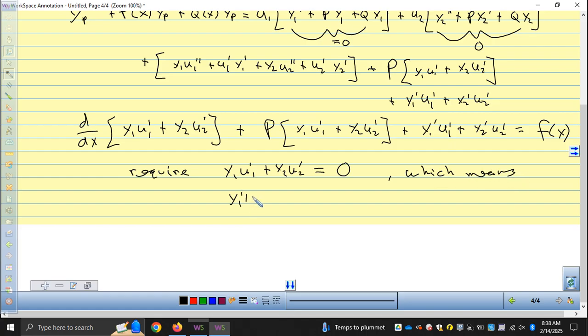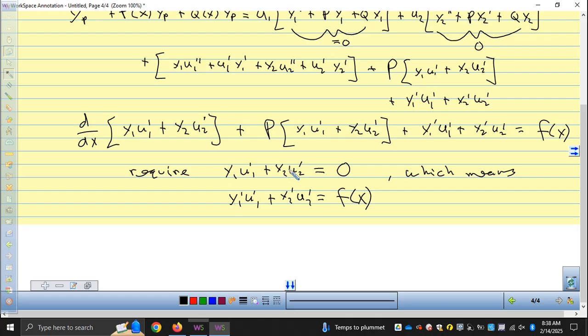Y1 prime U1 prime plus Y2 prime U2 prime equals f of x. There is our system of equations. Our variables are U1 prime and U2 prime, and our coefficients are Y1 and Y2, which are known.